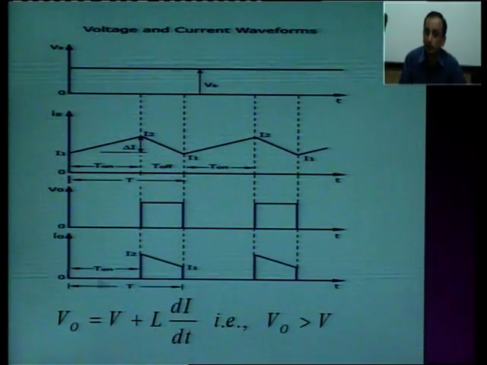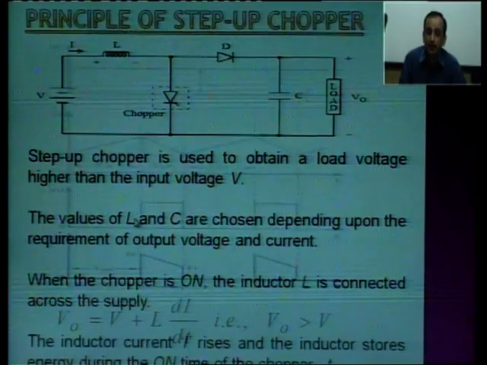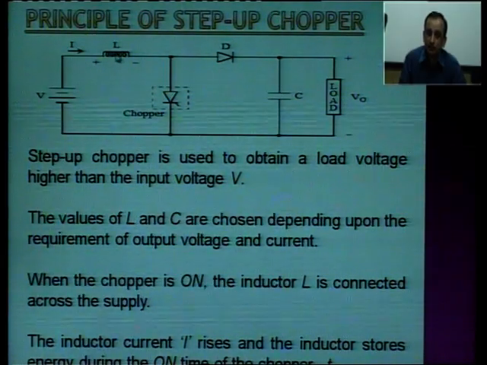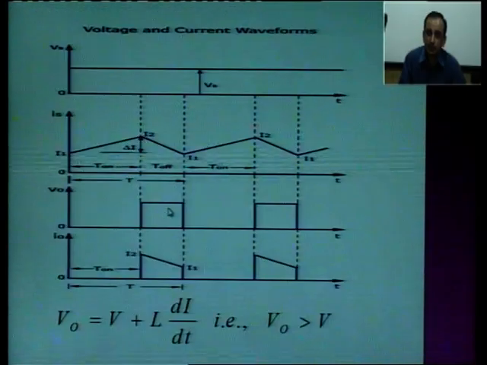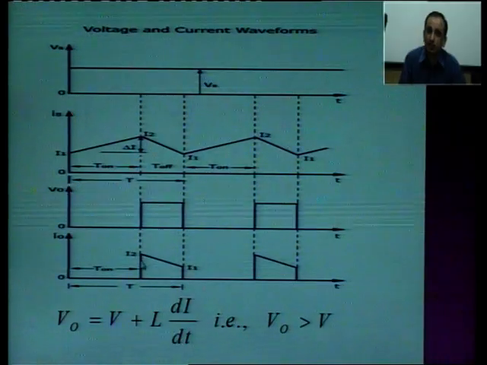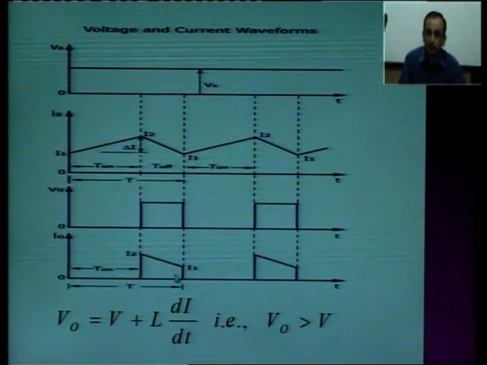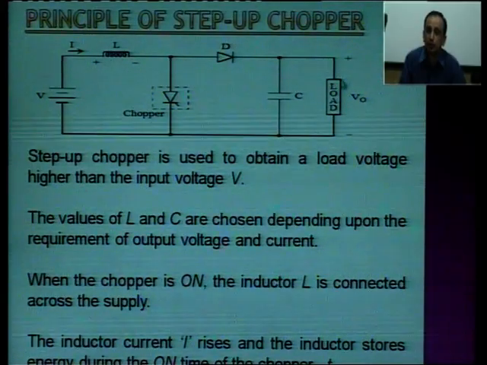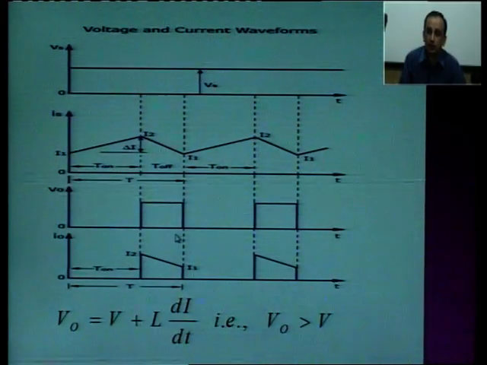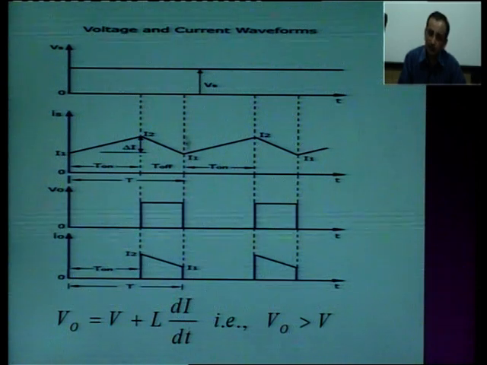And once it is turned off, whatever energy is stored is dissipated through this. So, the source current will decrease, and at the same time the current across the load will also decrease. But once current is flowing through the load, there is some voltage drop across the load, and that voltage will appear here. The same is the case for the next interval.